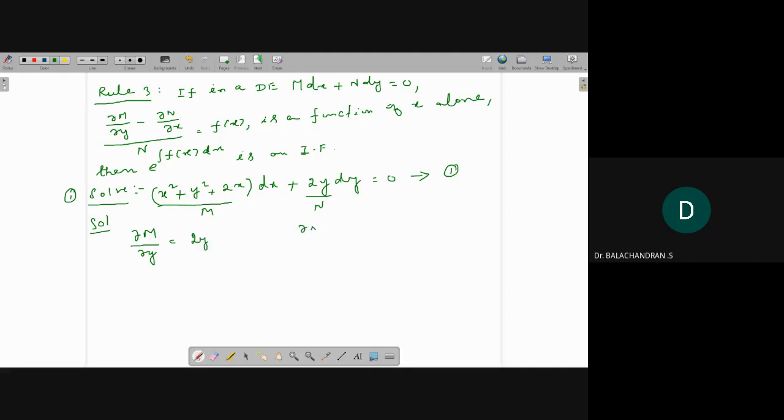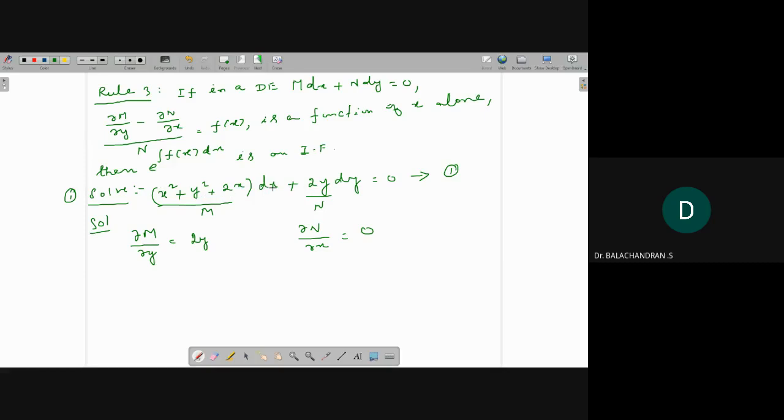Similarly, ∂N/∂x, you get 0. This is a function of y, and hence this is not equal, and hence the given equation is not exact. And you should check whether this comes under rule 1 or rule 2.